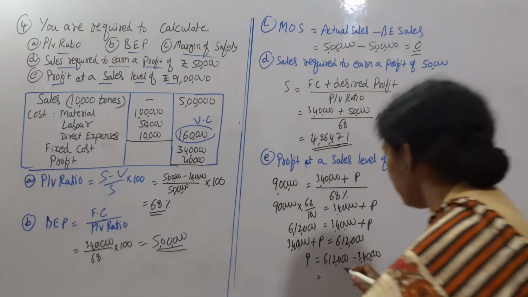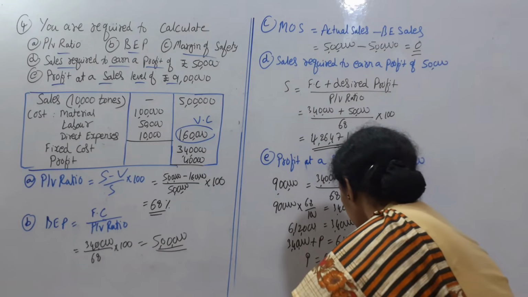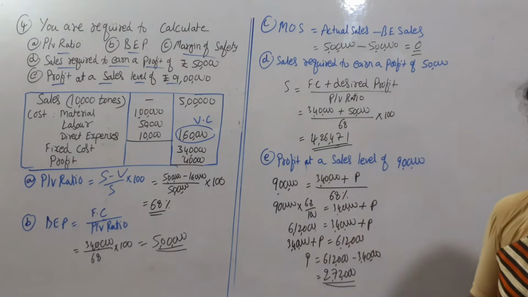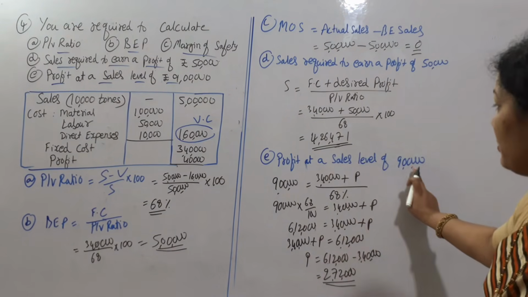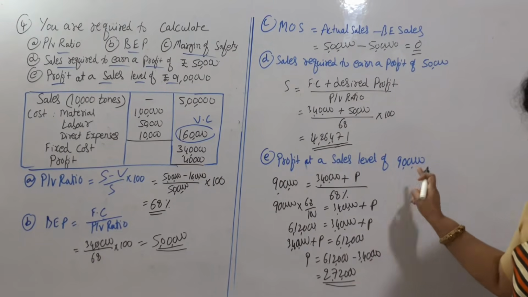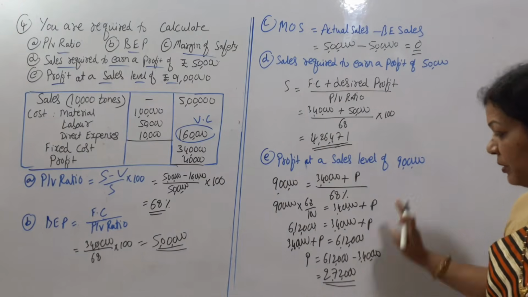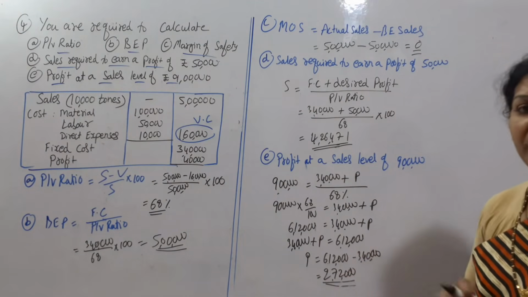It is 2,72,000. Profit at a sales level of 9 lakh: when you sell goods at 9 lakh, the profit you are going to get is 2,72,000.